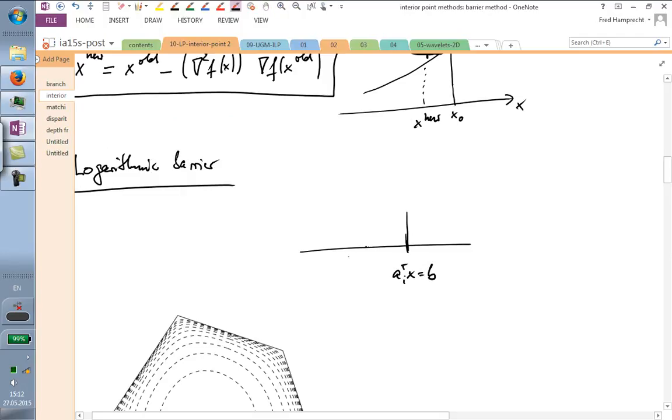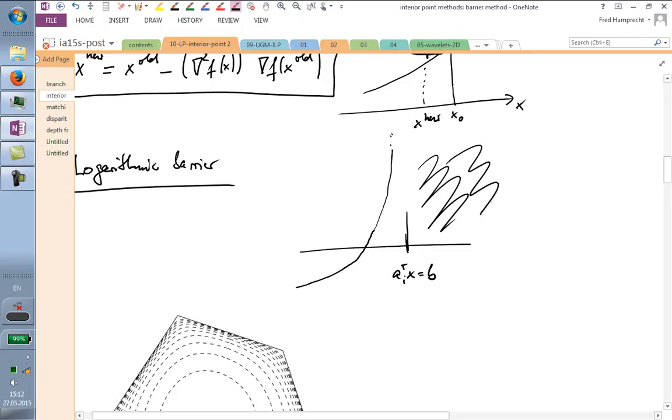So we can use a barrier that diverges here, so our potential is infinite on the right hand side, and on the left has this kind of behavior.